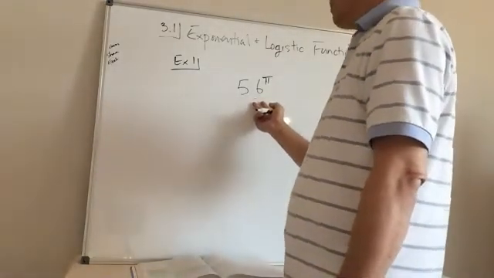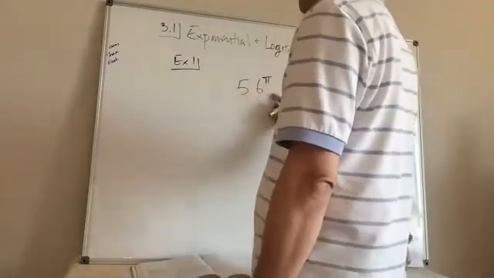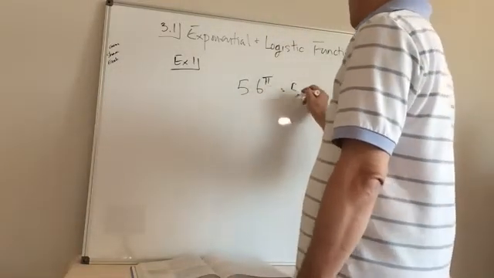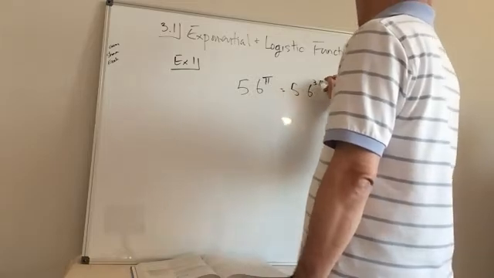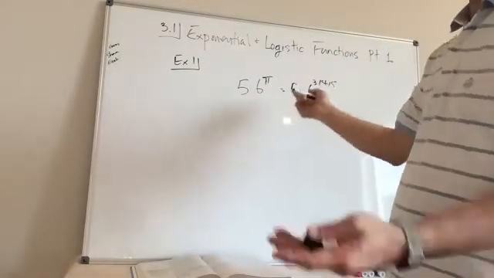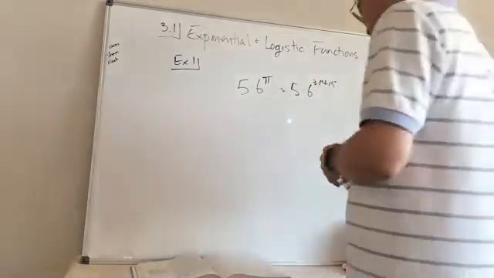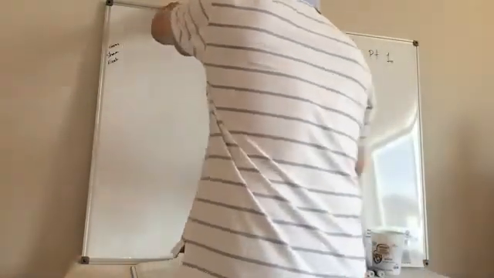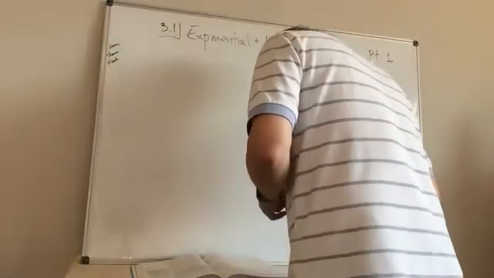This is just a number. 6 to the pi power is a number because pi is a number. Right? It's just a number, right? So this is not a function. There's no function here.